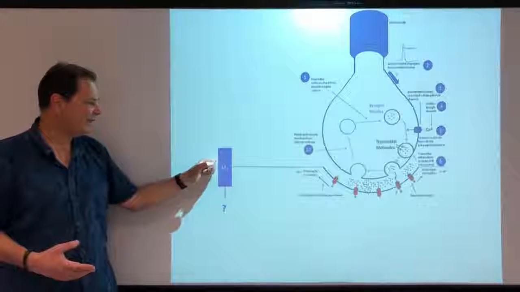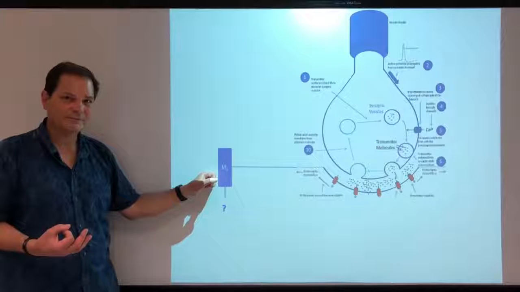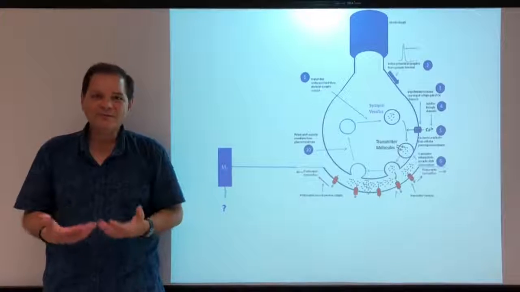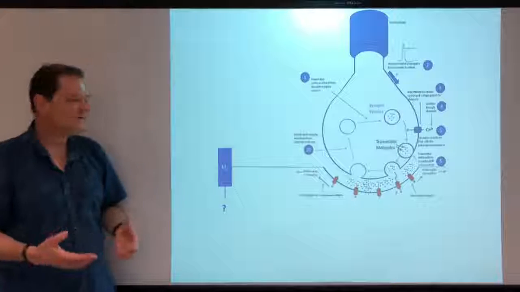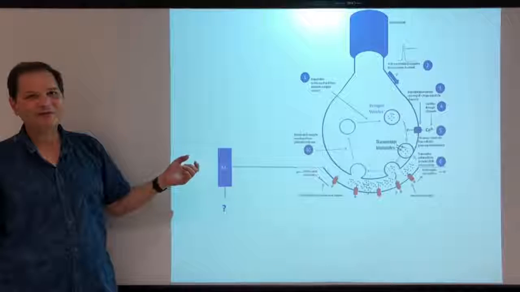The first is the M3 receptor. Remember that? We covered it with vascular smooth muscle. So based upon what this thing did in vascular smooth muscle, what do you think acetylcholine binding to the M3 receptor is going to do? What did it do in the vascular smooth muscle?